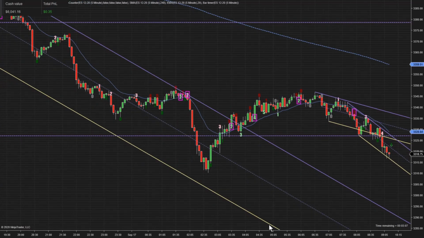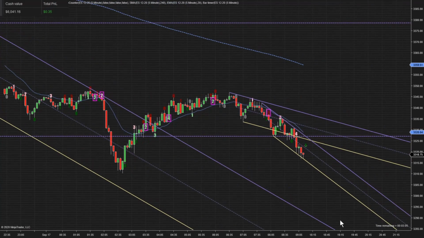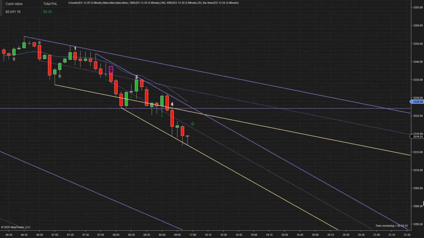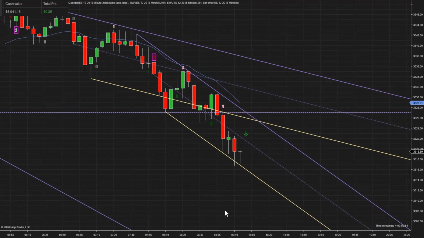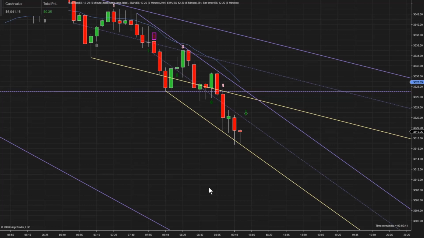So I like to have both the 2K chart and the 5-minute chart because the tick charts are good at measuring price and volume, but it doesn't track time very well. The 5-minute chart tracks time and price very well, but does not track volume very well. I mean, you can have a volume indicator underneath, but even then, it's not very integrated with the chart, so you can't really see how that volume actually affects the chart or the price action, I should say.